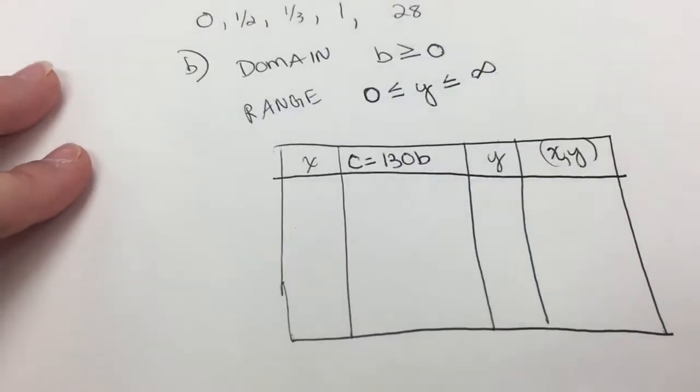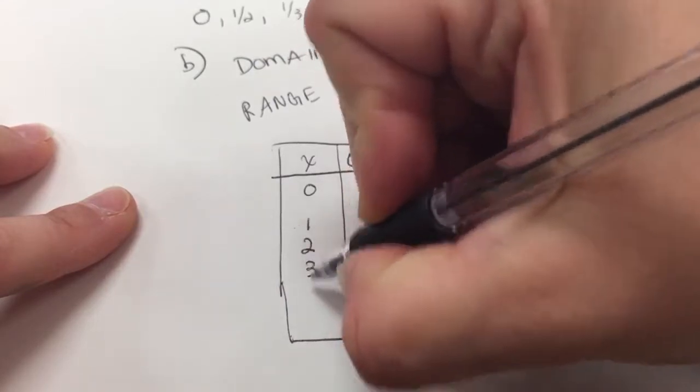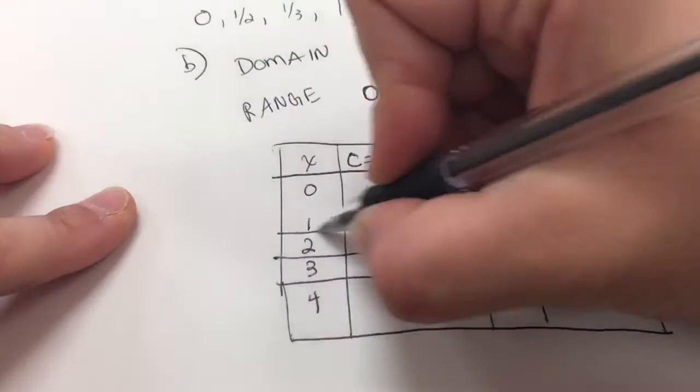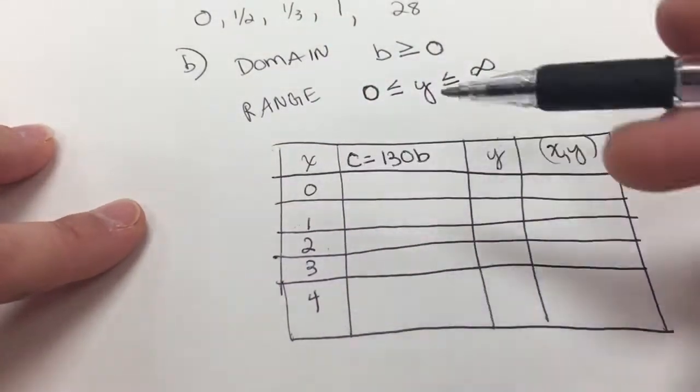So here's my input-output chart, and you would plug in numbers, 0, 1, 2, 3, 4. Remember, it goes to infinity because you can eat as many as you want. It's a continuous function, so we're just going to pick a few so we can get some numbers.